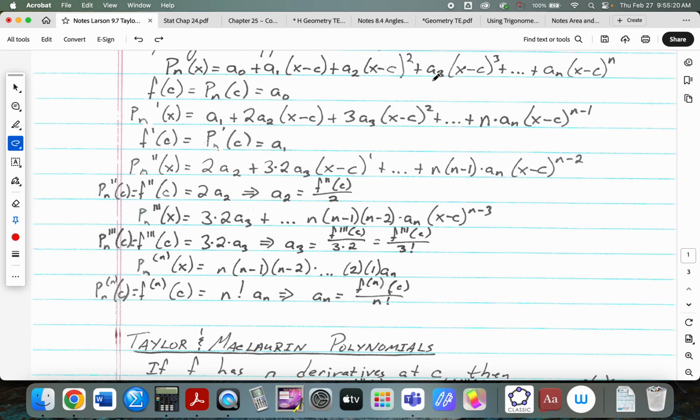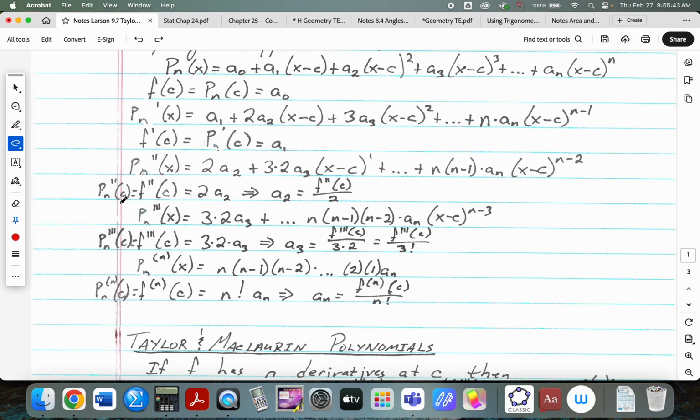Unfortunately, if you thought that, then you haven't looked at what the next one is. When we take the second derivative, now we've got 2 times a sub 2. We no longer have just a sub 2. Plus 3 times 2 times a sub 3, etc., on down the line.